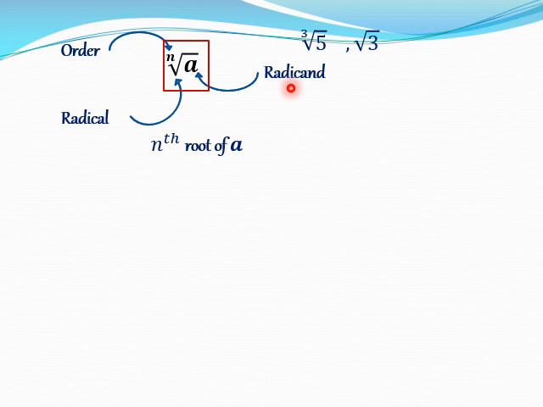So when we are taking cube root of 5, here the order is 3 and the base or radicand is 5. And in square root of 3, when order is not mentioned, it is 2. Its order is 2 and its base or radicand is 3.